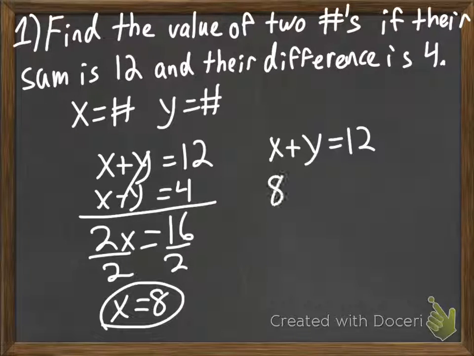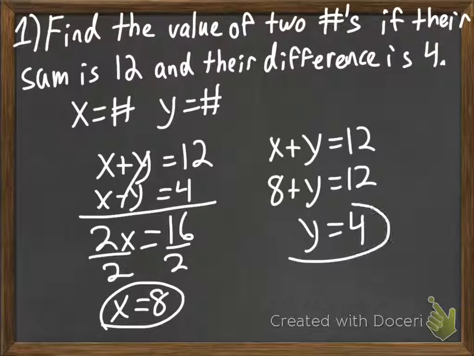We get that 8 plus y equals 12, so y equals 4. So now this isn't just x and y equals what they equal. We're answering a question. The problem's solved and we have to think, what two numbers can we add together and get 12 and then have a difference of 4? Well, those two numbers are 8 and 4.